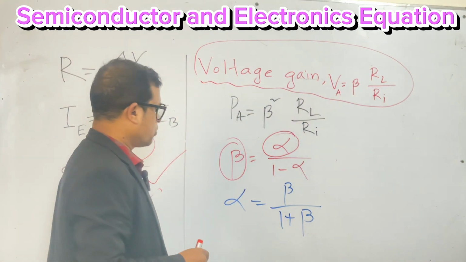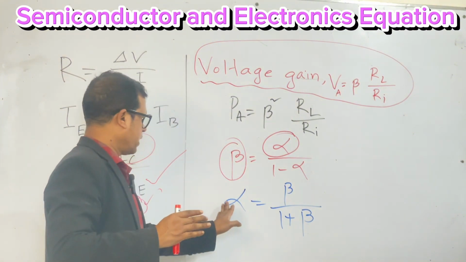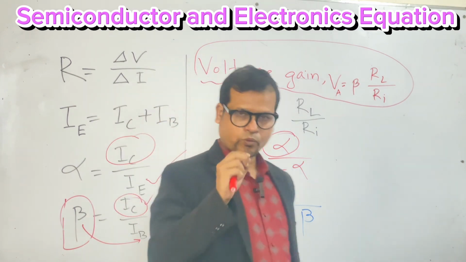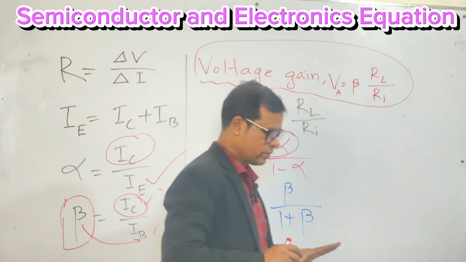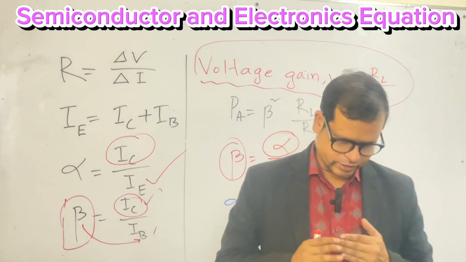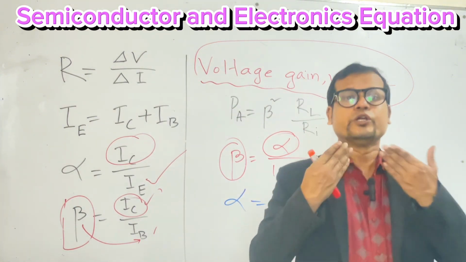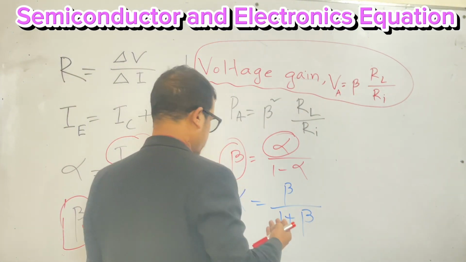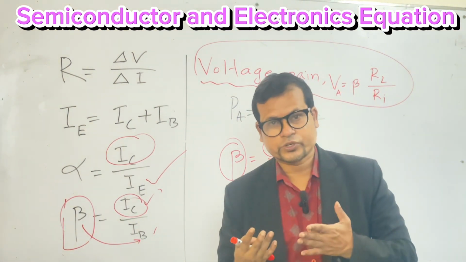Now beta equals alpha over 1 minus alpha, alpha equals beta over 1 plus beta. These are very important equations, so remember them and apply them in any numerical problem and creative question.